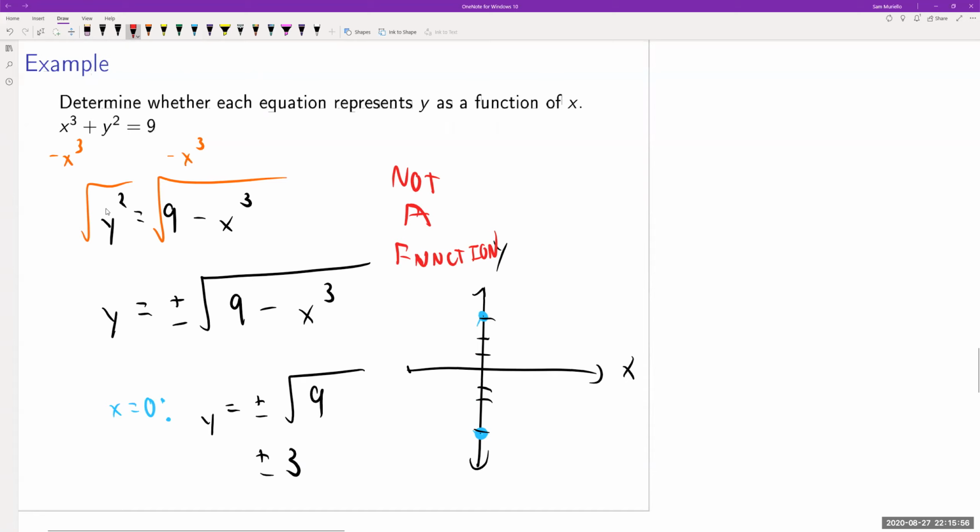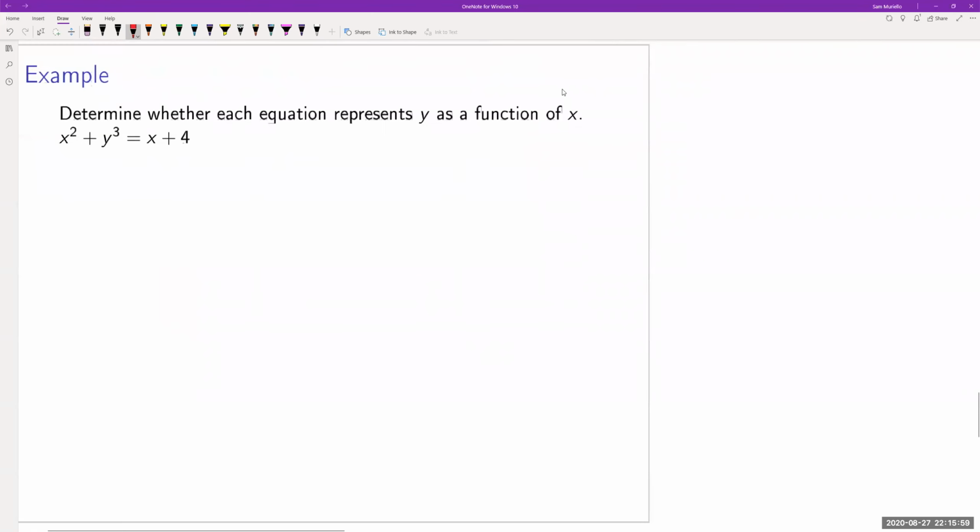Let's try a similar example. This one looks a lot like the last one. They've just changed up a couple of things here. I need to, again, solve for y. So let's go ahead and subtract the x squared on each side. Y cubed is equal to x plus 4 minus x squared. And now I'll take a cube root. Now recall that cube root doesn't need a plus or minus, because if I was to multiply 3 negatives together, I would get a negative, or 3 positives would get a positive.